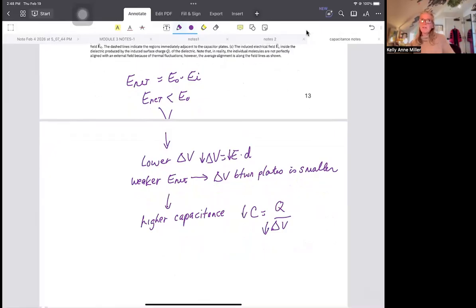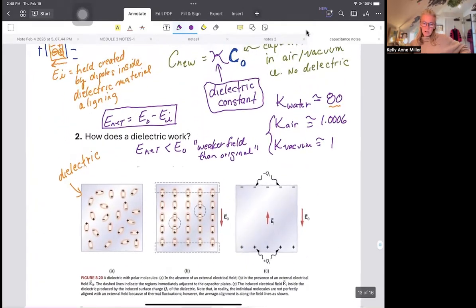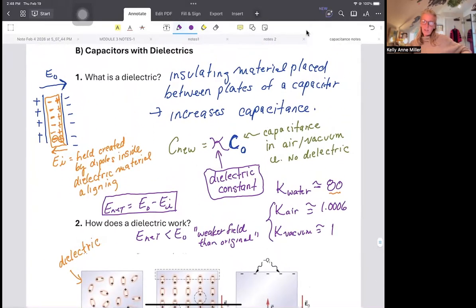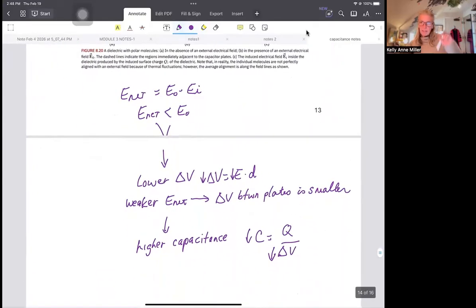Okay, and I think it's important to realize that in this case that I have described here, the charge on the plates is not changing. There is a case that I'll discuss in a second where the charge also changes. It basically depends on whether the capacitor is connected to a battery or not. But in this thought process that I'm outlining here, we're assuming that it's not connected to a battery.